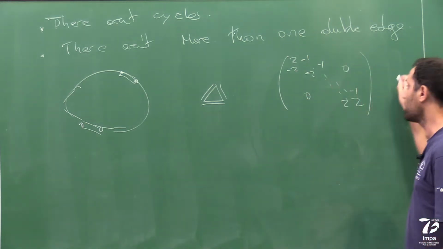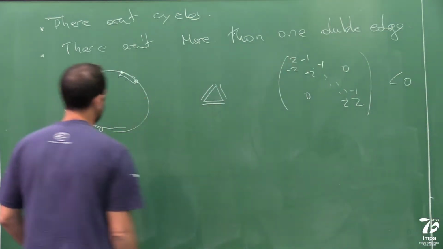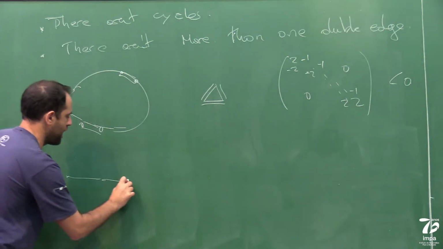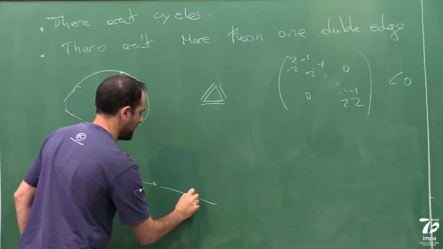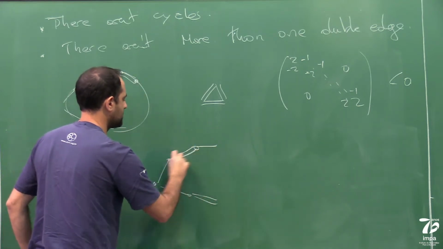And the determinant of this thing is negative. So once you know that there aren't any cycles, you get rid of this. Now you look at diagrams where there are no more cycles, but there might be trees, and some of these things might be double.